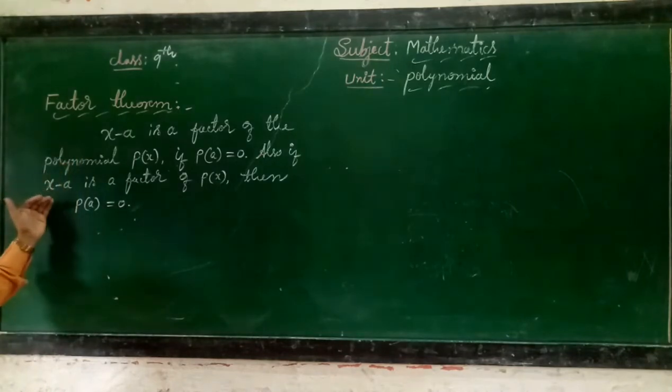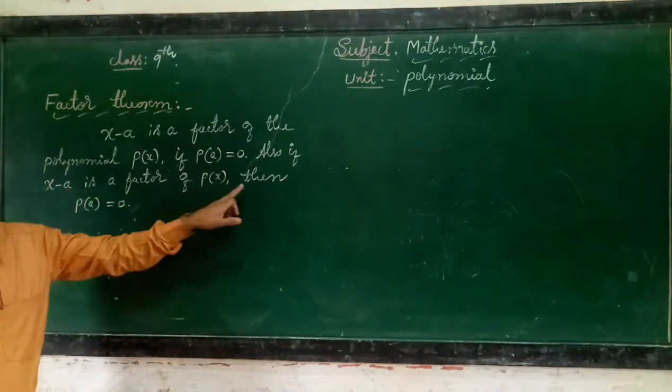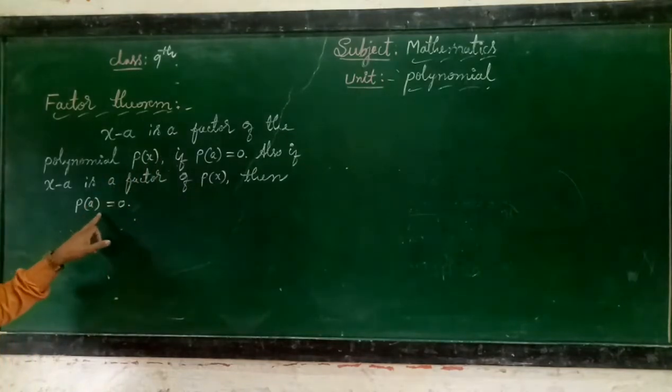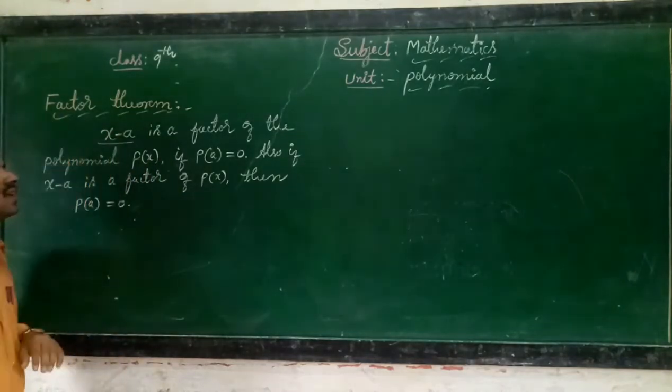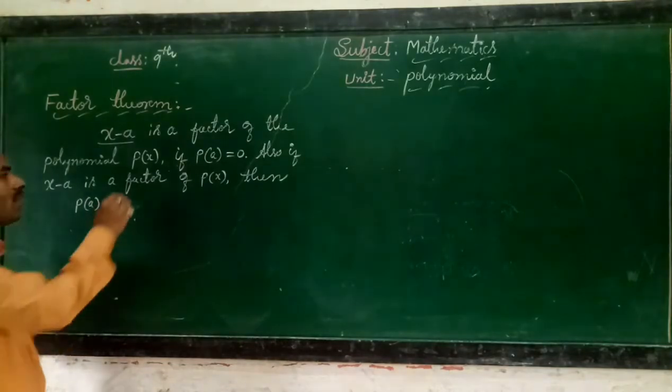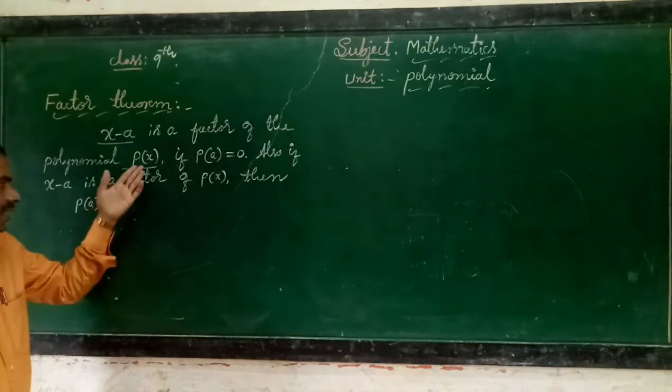Also, if x minus a is a factor of p of x, then p of a equals 0. Here x minus a is the g of x and p of x is the polynomial in the variable x.